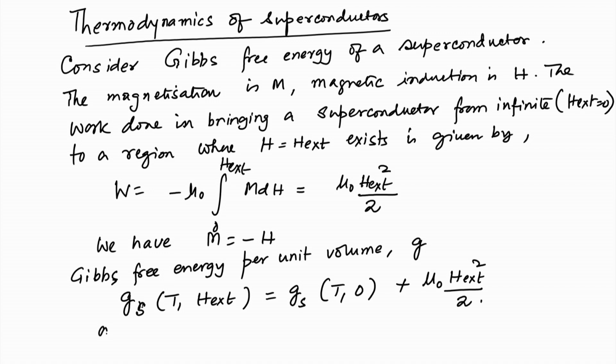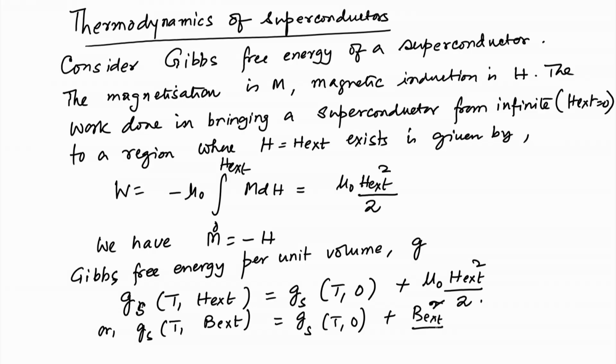Or, the same statement in terms of the magnetic field: there will be a B external square divided by 2 mu 0, because of the relationship B external equal to mu 0 H external.